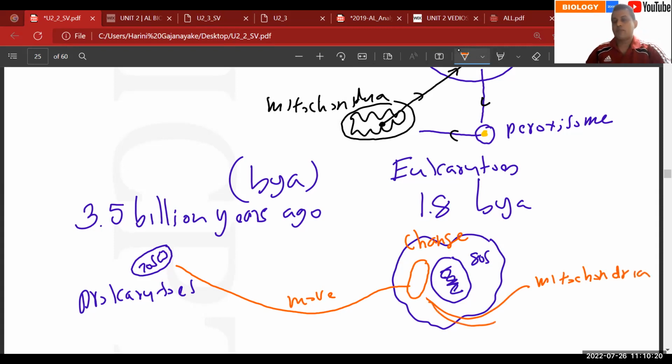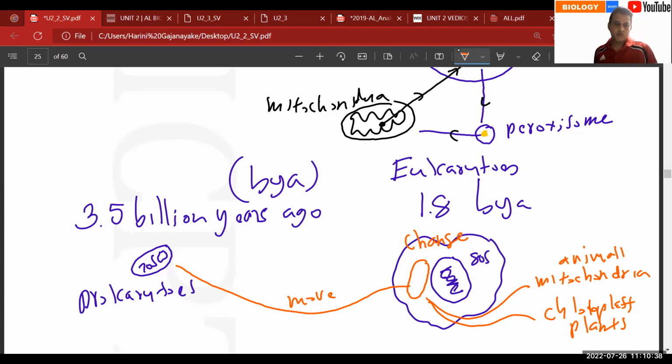And at the same time chloroplast in plants, and this in animals.